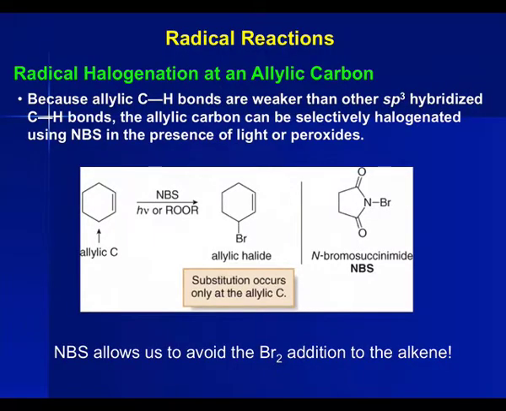Now you'll recall that one of the ways in which we can keep the halogen concentration low is not to use molecular bromine. We use NBS. Okay? Can anybody tell me what are some of the advantages, other than keeping the concentration low, of NBS versus molecular bromine? We talked about it in 255.